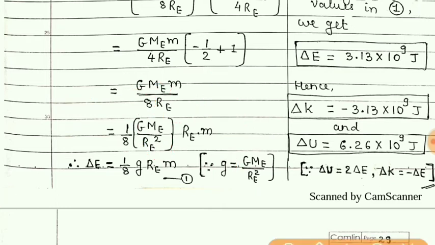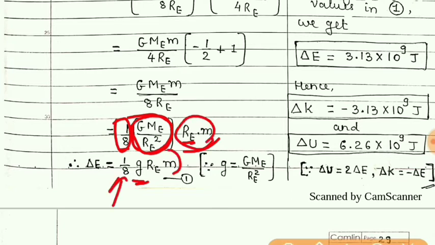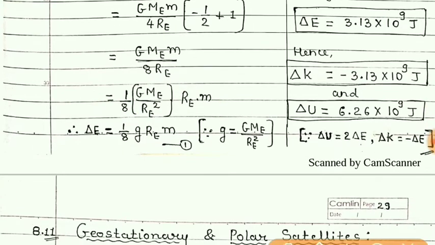So multiplying Re in the numerator and denominator, we get this term that can be written as small g. The rest of the things remain the same, so 1 by 2 as it is, Re into M as it is. So we got this equation of the change in the energy of the satellite when it is sent from the initial orbit to the final orbit.